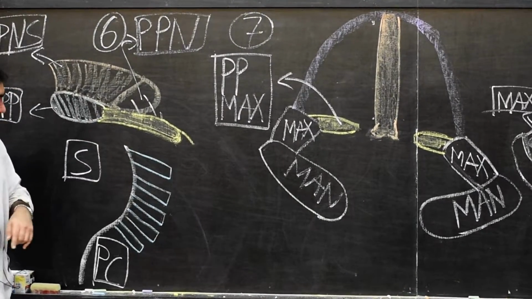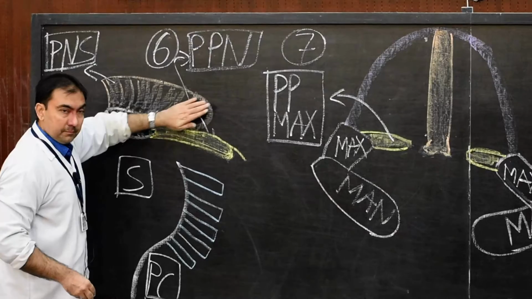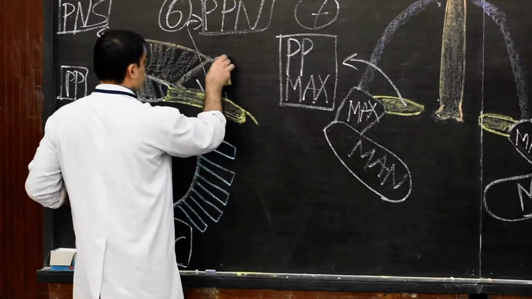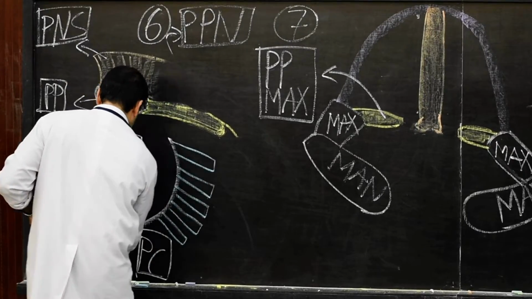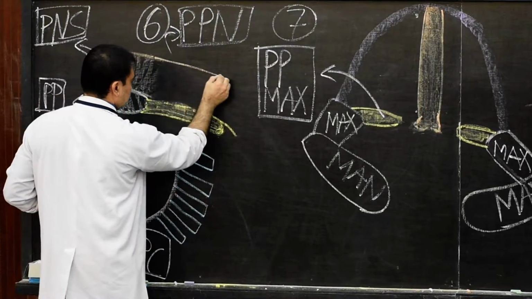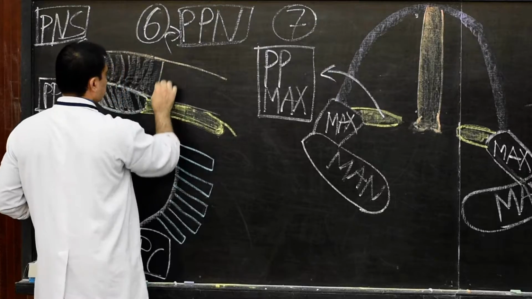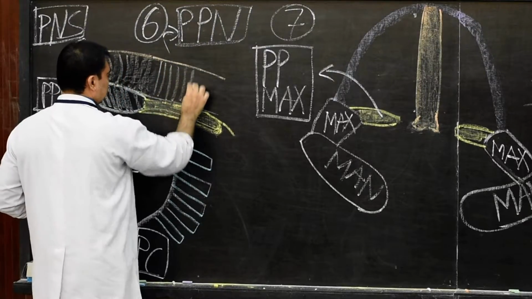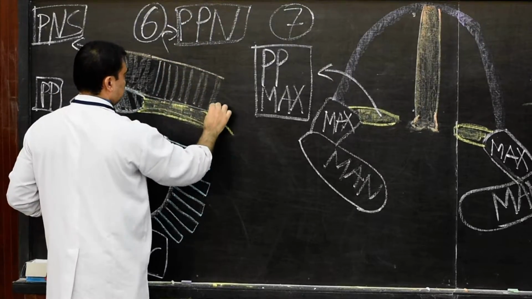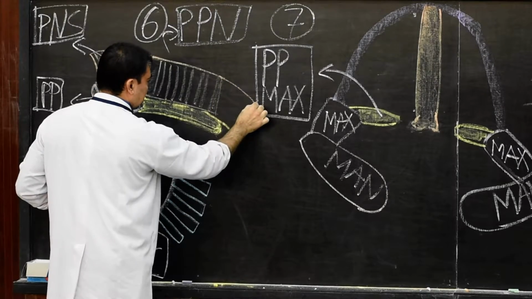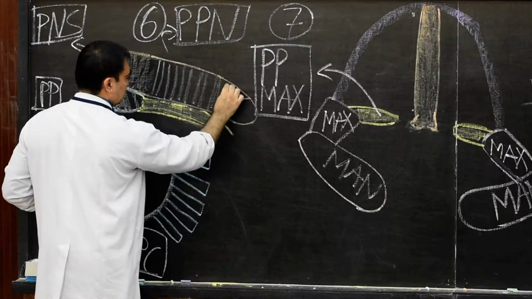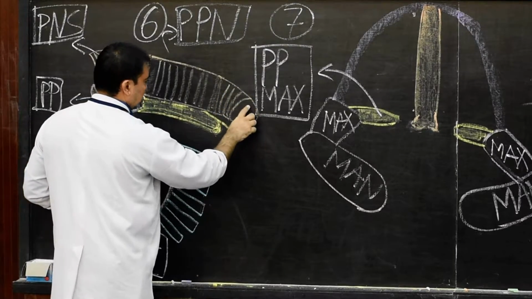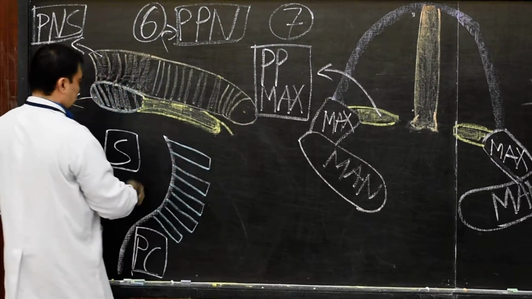And now, here, primitive posterior nares, I am going to rub it, and I am going to show that there will be attachment of nasal septum, the same nasal septum. This is the nasal septum caudal end which is attaching, and here I will leave a small foramen. Here I will leave a small foramen.